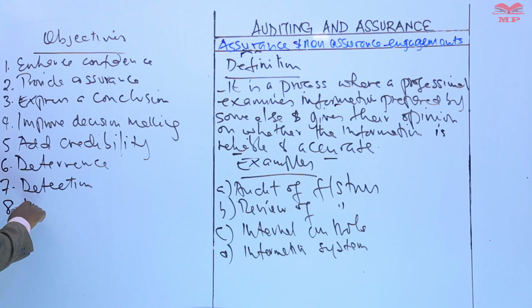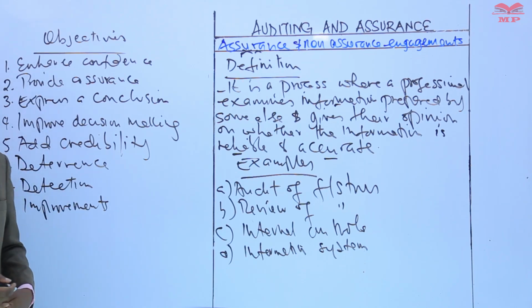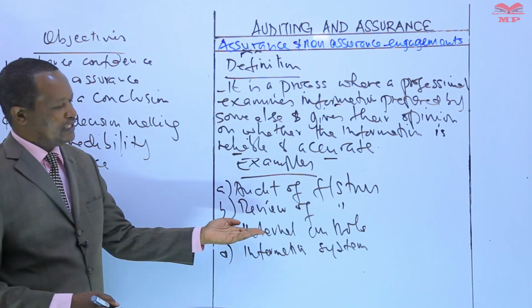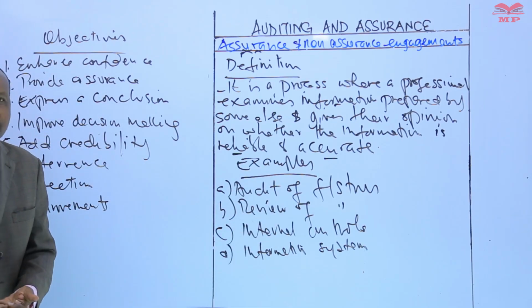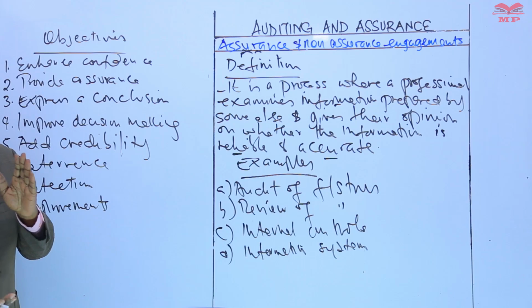Eight, improvements. These are secondary objectives. The findings and recommendations from an assurance engagement can be used to improve processes. They can be used to improve internal controls.